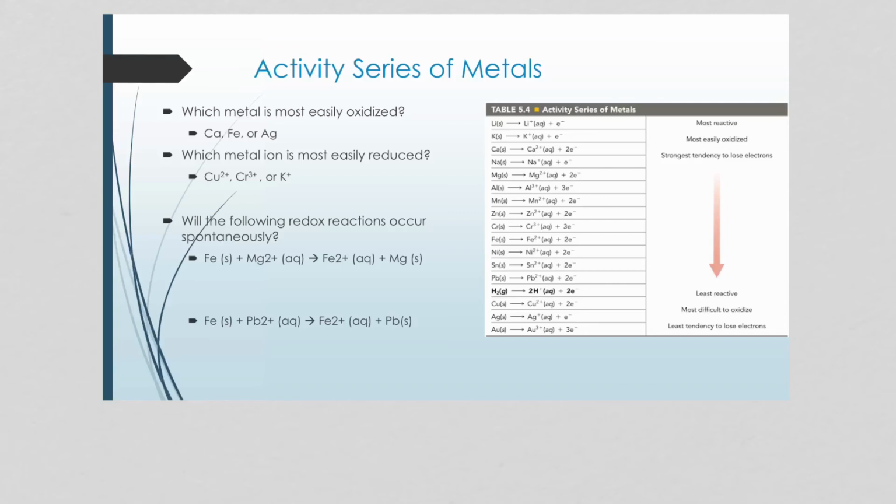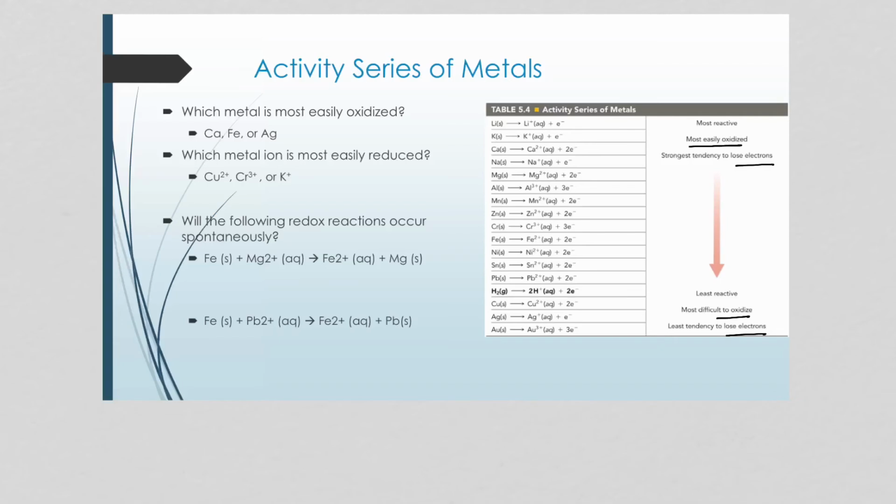So metals listed at the top of this table are the most easily oxidized and have the strongest tendency to lose electrons. As we get to metals at the bottom of the table, these are hard to oxidize and have a low tendency to lose electrons.